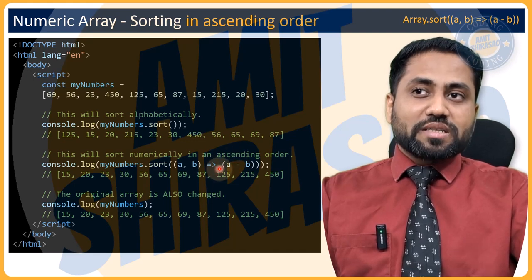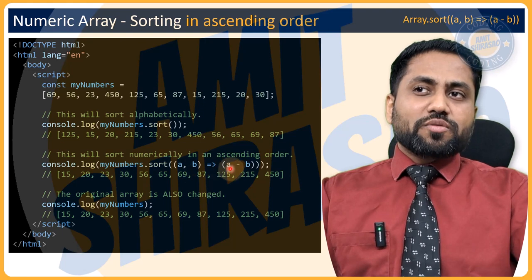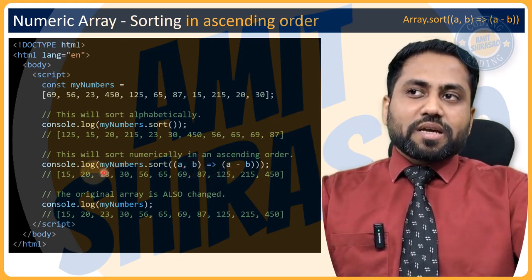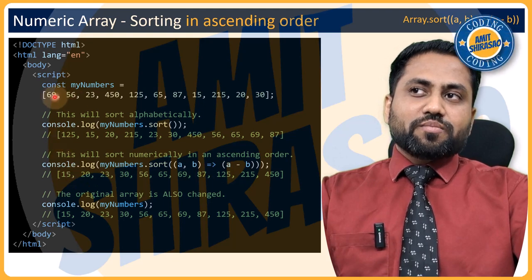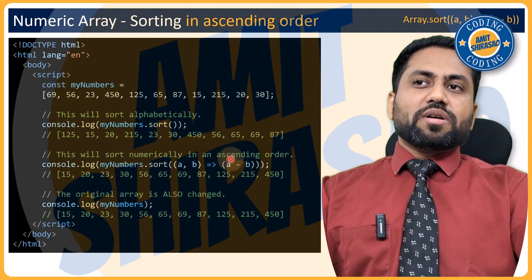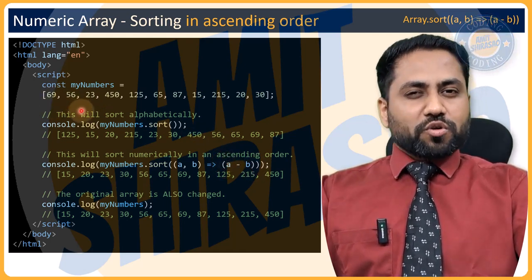You don't require to write the return keyword, and that's why what it will do is, it will take a and b as, let us say, the first number and the second number, and then it will return something. Return is what? 69 minus 56, so it will be a positive number.